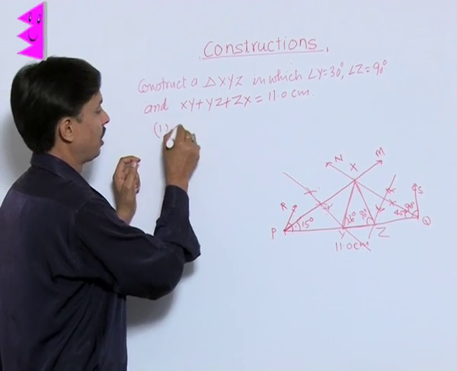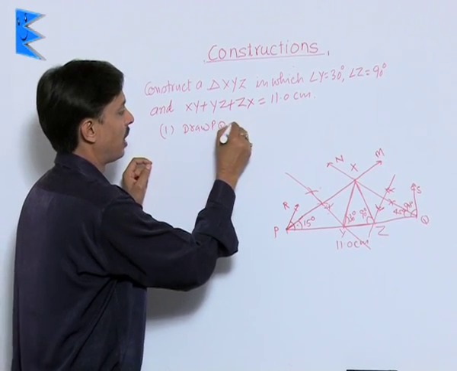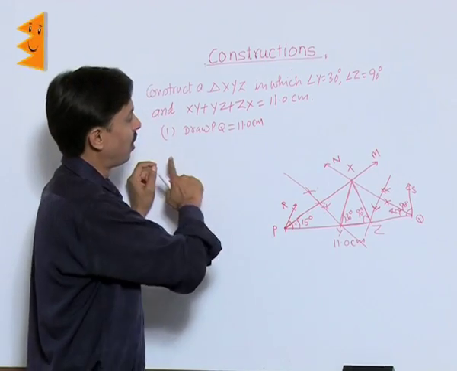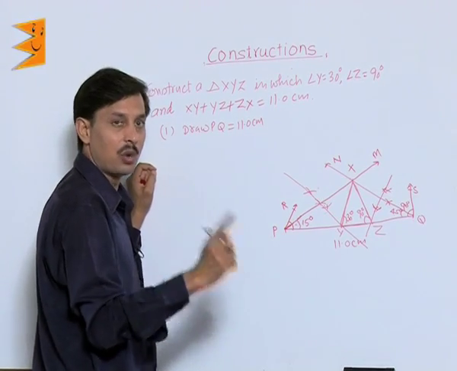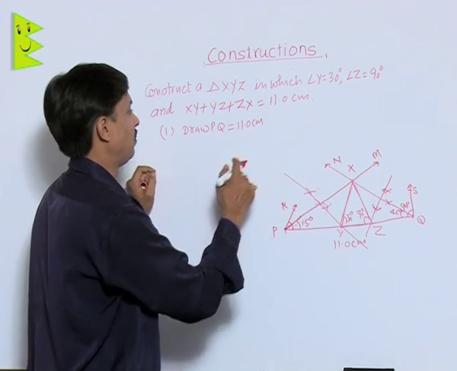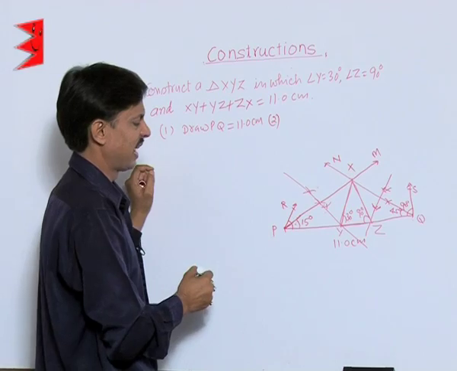First step, draw PQ, 11 centimeter, that is to be noted. Draw a line segment equal in length to the perimeter.